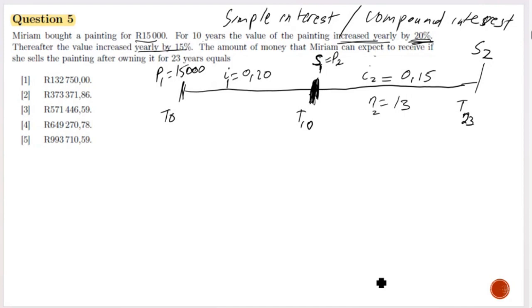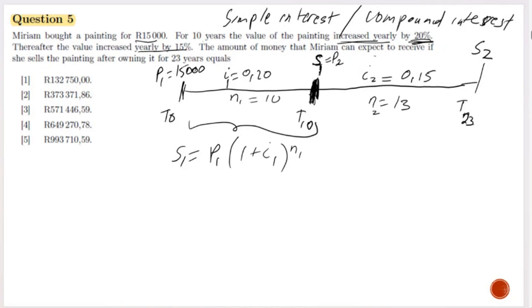So now we are going to first calculate the accumulated amount for this period. This is the first period I'm looking at. So my S1 here is equal to P1 into 1 plus I1 to the power N1. And our N1 is equal to 10 because this is running for 10 years.